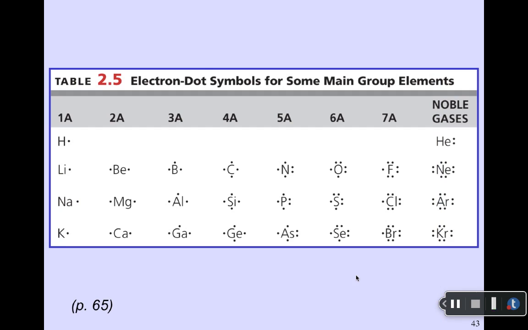An extension of this valence shell concept is to use electron dot symbols. These are rather simple and not confusing to most people, but it's a way of representing the valence electrons for these various elements. The valence electrons are represented using dots around the symbol of the element, and every group has the same pattern. For group 1A, the alkali metals, they all have a single dot. Group 2 has 2 dots to represent their 2 valence electrons.